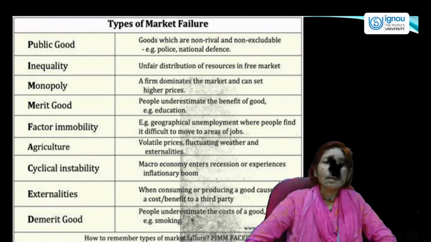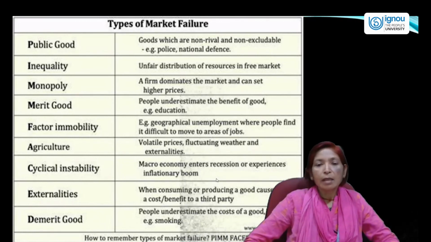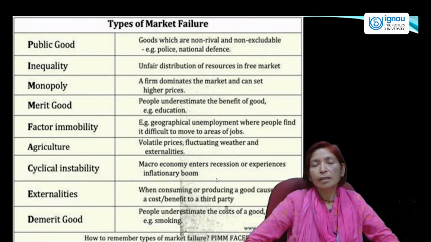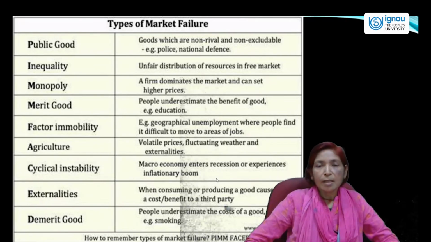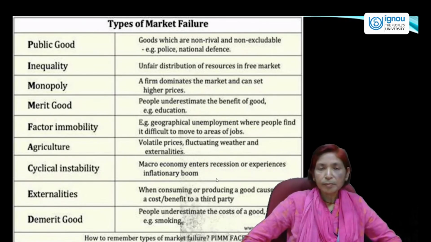Next is cyclical instability. The macroeconomy sometimes enters a recession, depression or inflationary situation. It is known as business cycles. Business cycles are wave-like fluctuations. In business, sometimes there is a situation of boom.